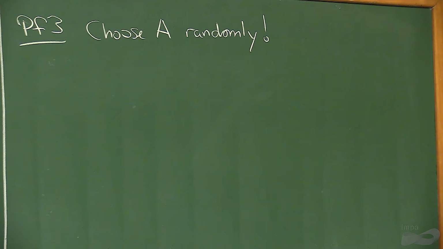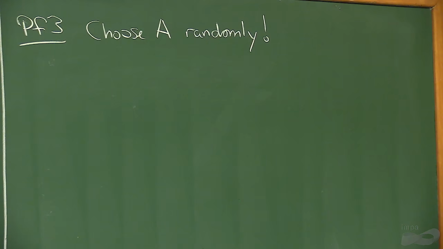Okay. So our aim is to find this clever bipartition, A and A complement, so that between the two we have half the edges. Instead of being clever, I'm going to be stupid. Okay? Just going to pick it randomly. Let's see what happens.